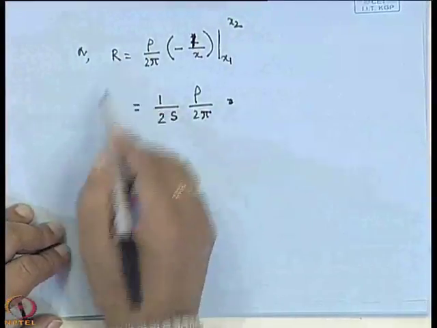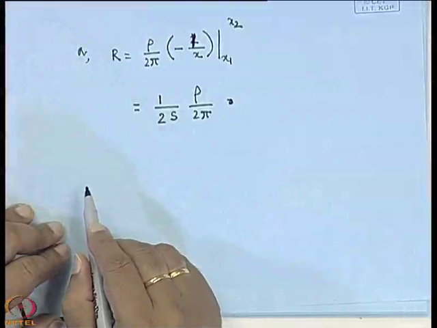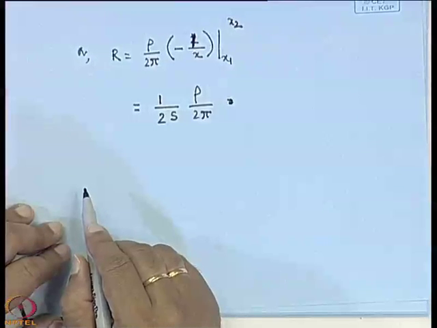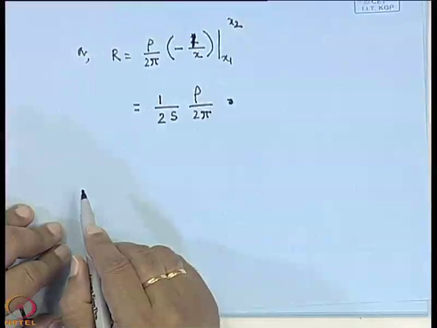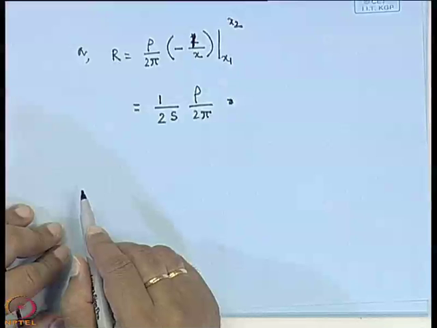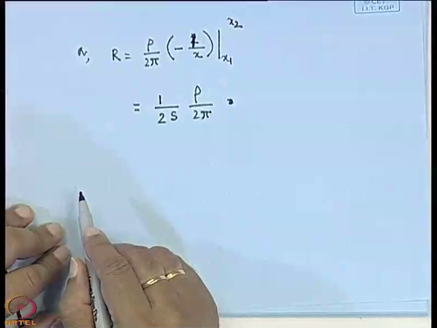Now, what is R? How would it be S? Because it is 1 by x1 minus 1 by x2. So the difference is x2 minus x1, that is S, but divided by x1 into x2. Divided by x1 into x2.